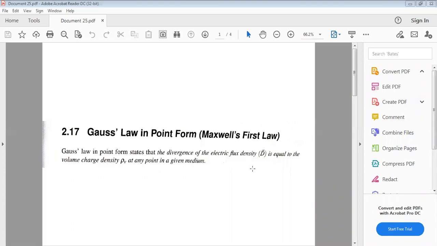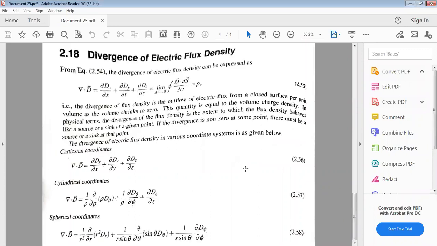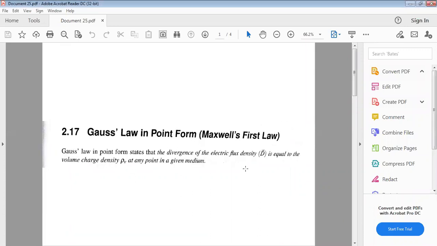See here, what is the representation here? Gauss law in point form states that the divergence of the electric flux density, the divergence, not convergence. Convergence means towards a single point. Suppose this is the point.